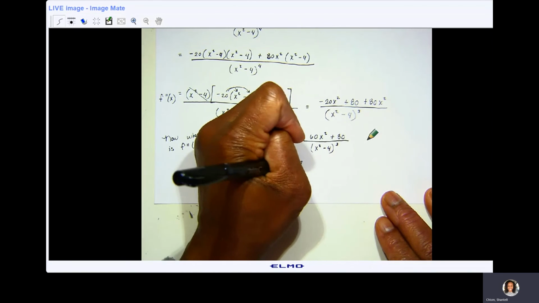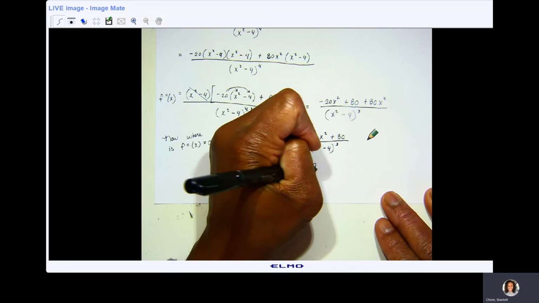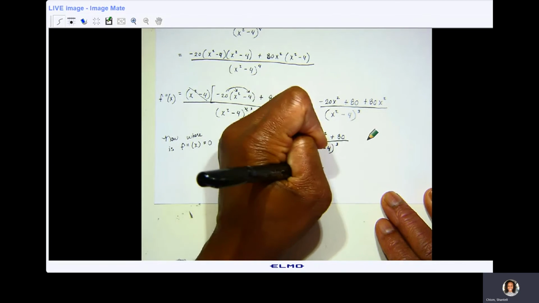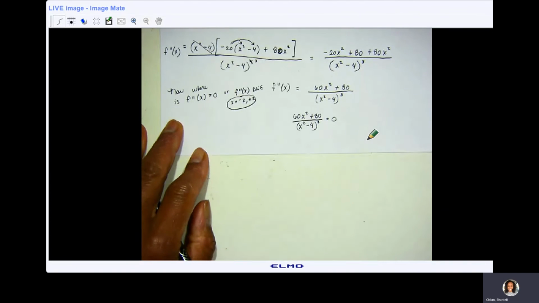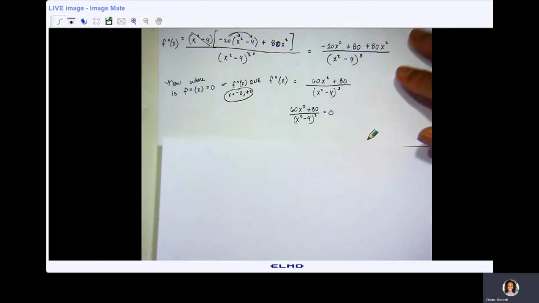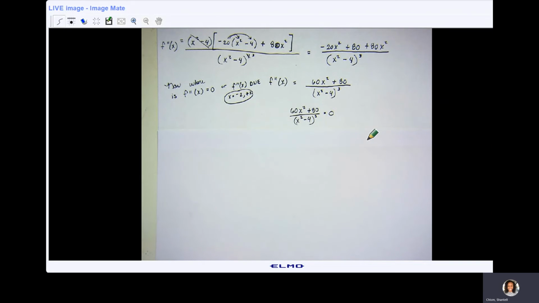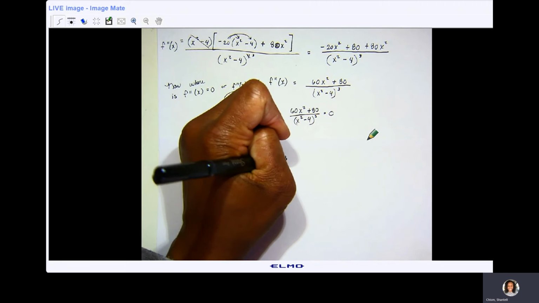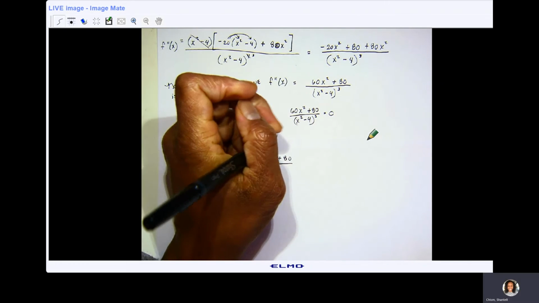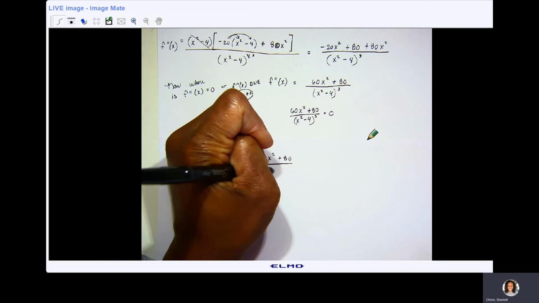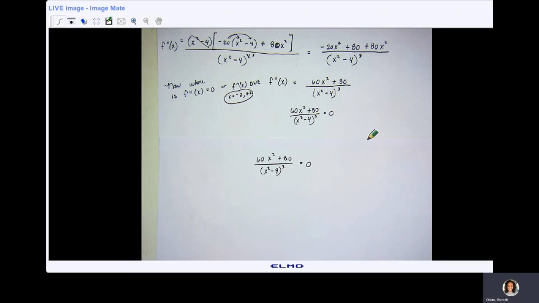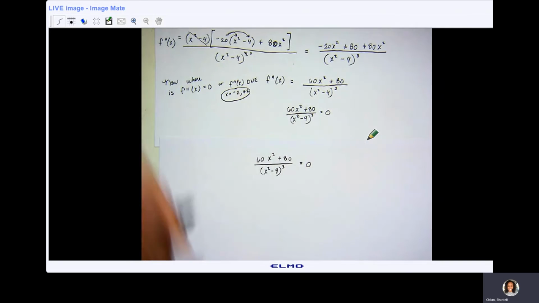So 60x squared plus 80 over x squared minus 4 cubed equals 0. Let's see. Does it equal 0 anywhere? All right. So the first thing I'm going to do is eliminate x from the denominator.